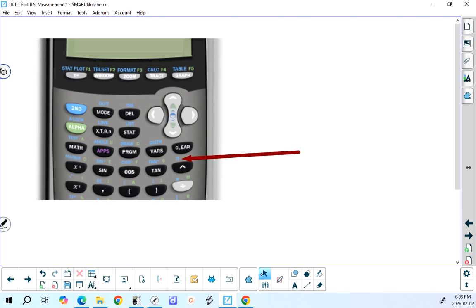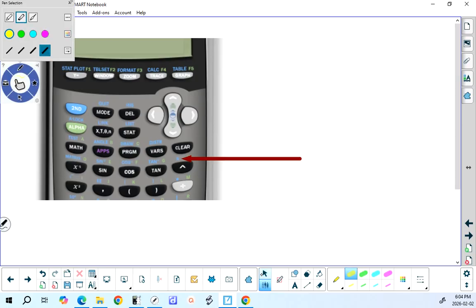It's the blue function that's the second function of that little thing that looks like a roof. And we'll get to later in the course what that little thing that looks like a roof is. So if I want to access that pi on my calculator, the first thing I have to do is hit the second key, and then I can hit this key and pi will come up on the calculator.